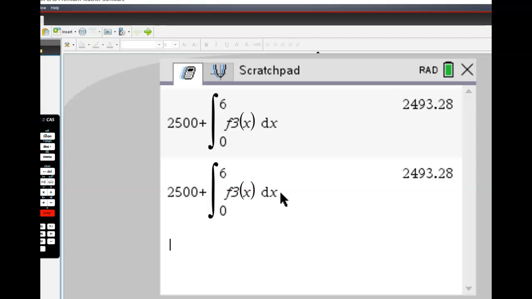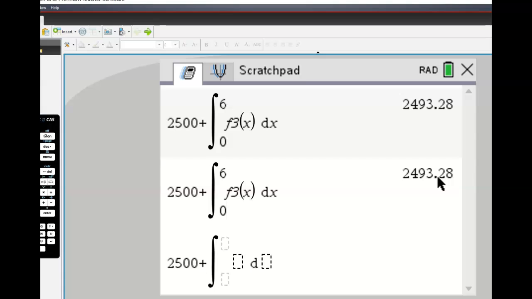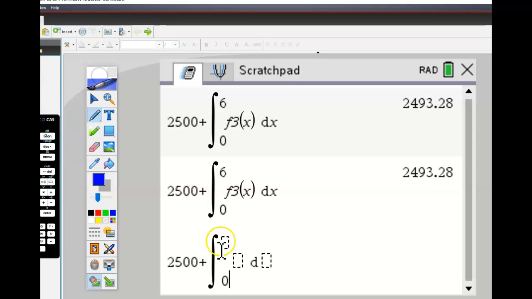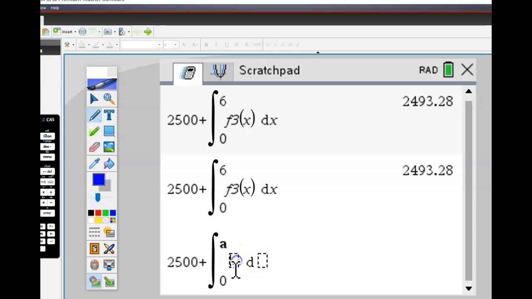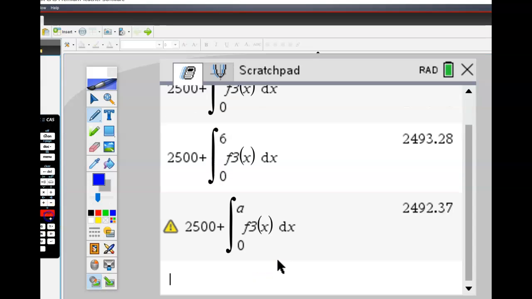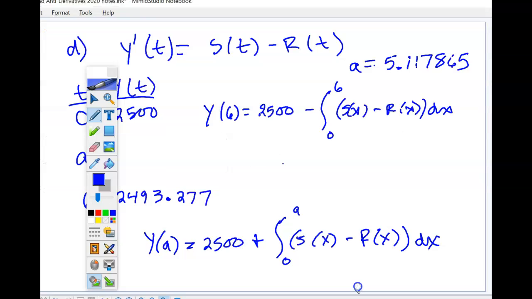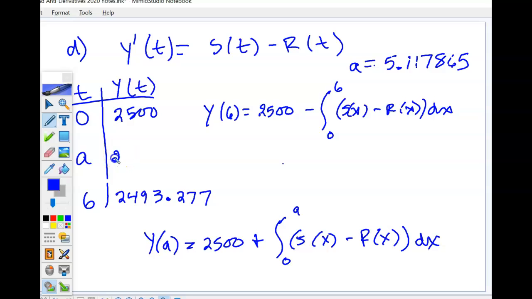I got to do it to A. 2,500 plus the definite integral from 0 to my variable A of function 3, my mistake there. And that's going to be 2492.369 if we went to 3 decimal places.